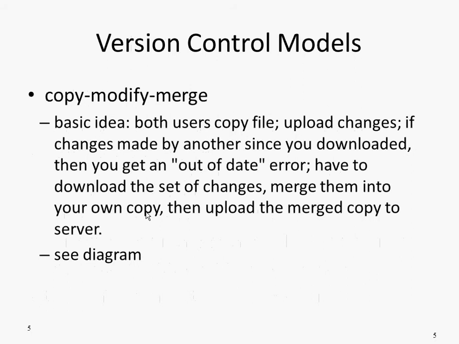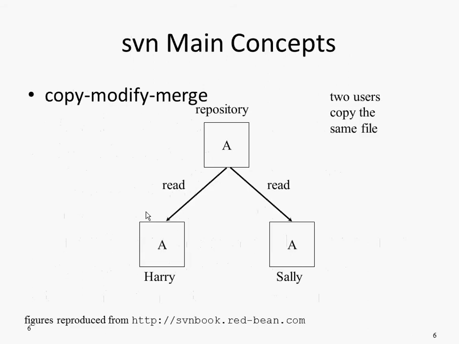And I want to stress again, because this is absolutely core, that you should be solid on this notion of a copy, modify, merge idea with these files. The idea here, folks, is that we can have several people working at the same time on some underlying file.